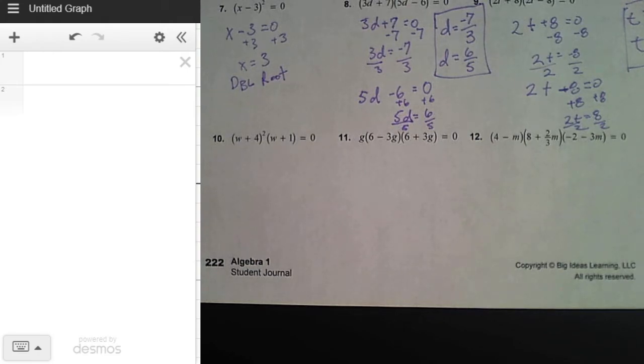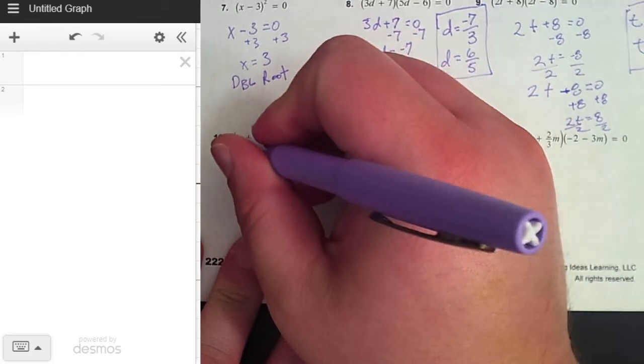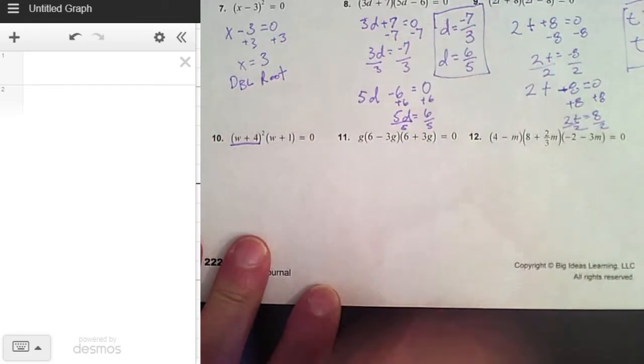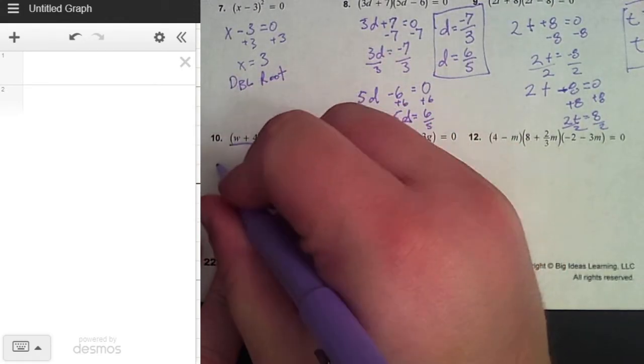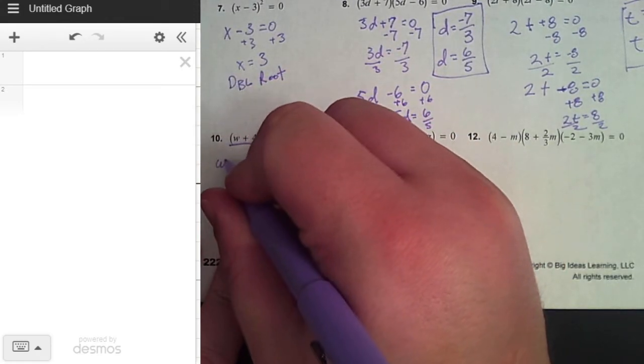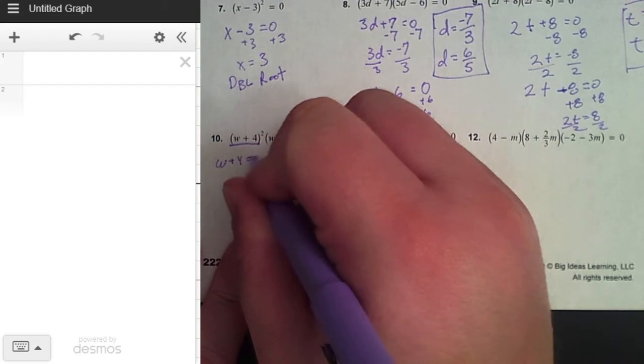So we have w plus 4 squared times w plus 1 is equal to 0. So we need to set each one of these factors equal to 0. But luckily, we already know that the answer to the w plus 4 is going to be a double root. So we get w plus 4 is equal to 0.